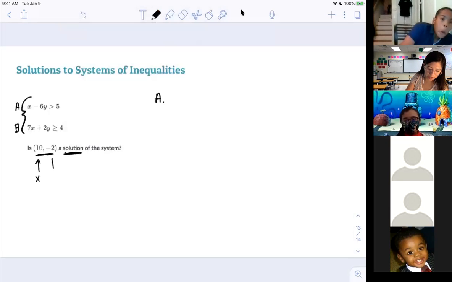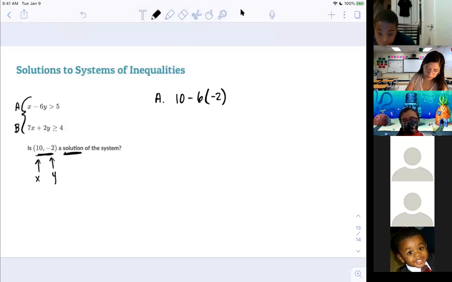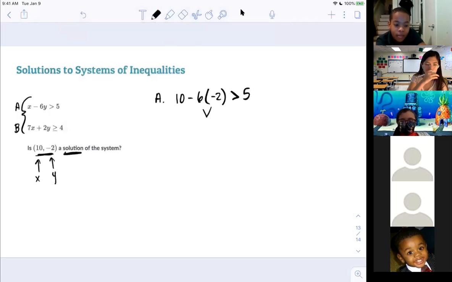I'm gonna plug in X and I'm gonna plug in Y, and then we'll see what happens. In the top inequality, inequality A, I would plug in 10 for X, -2 for Y. And then we're gonna solve, and what are we looking for? An inequality that makes sense, exactly.